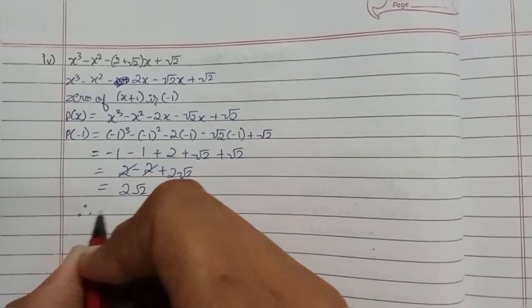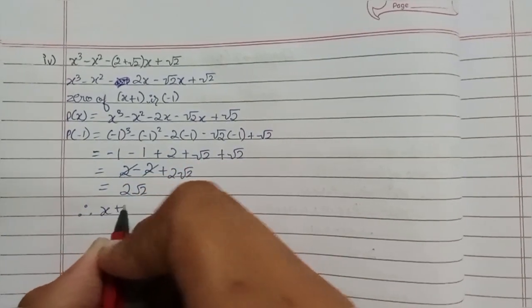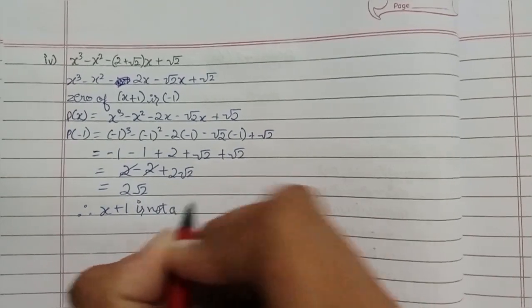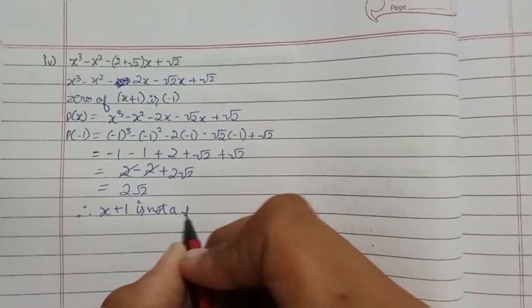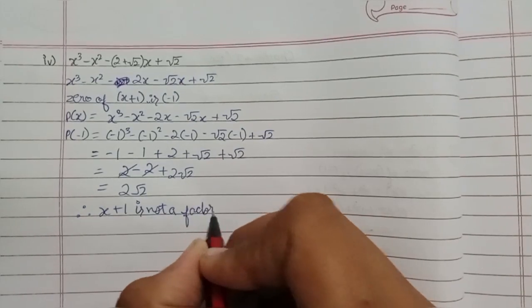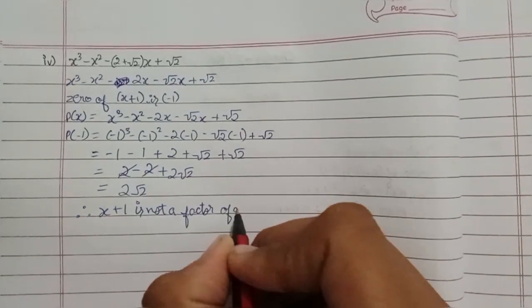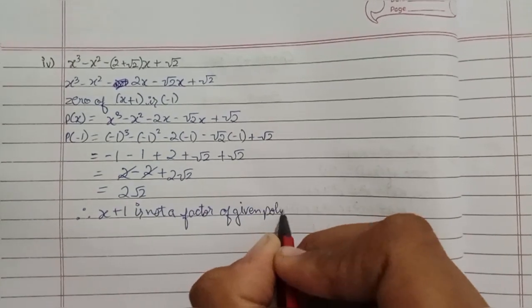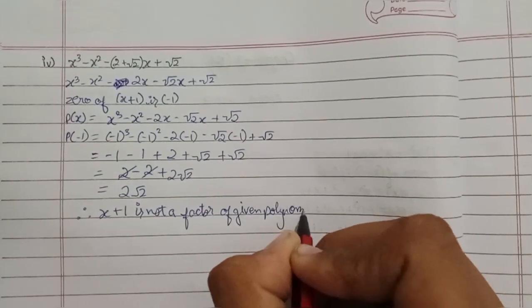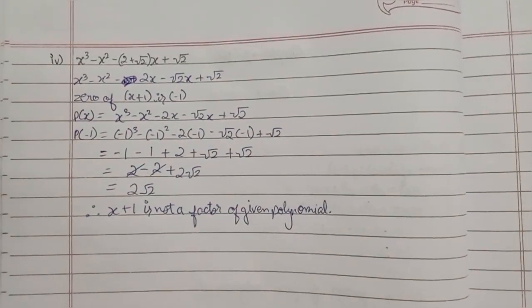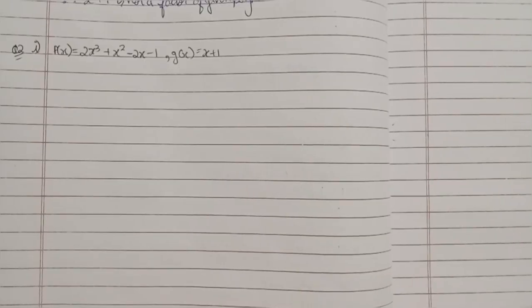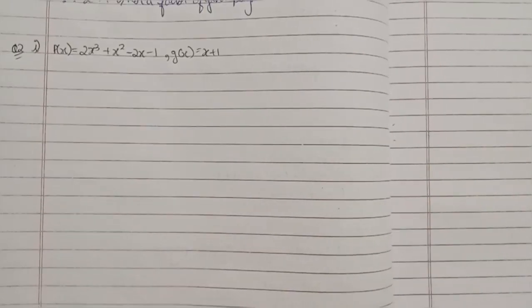So at the last we will write: hence x plus 1 is not a factor of the given polynomial. So by the end of this part, our first question of the third exercise also ends. Now we are going to start the second question of the third exercise.